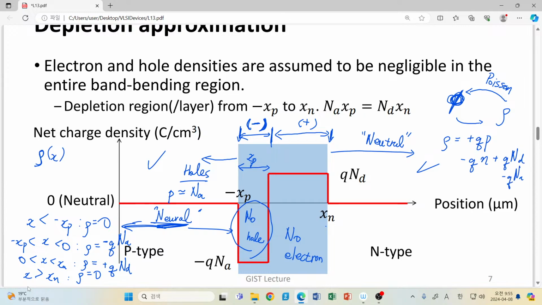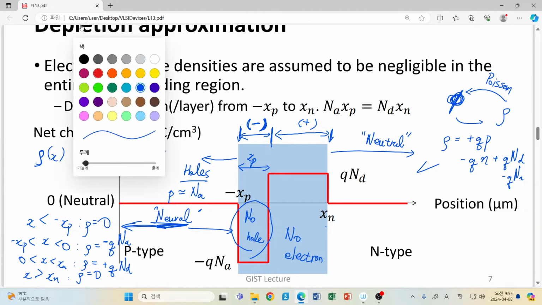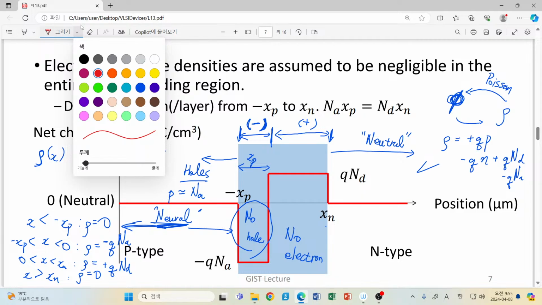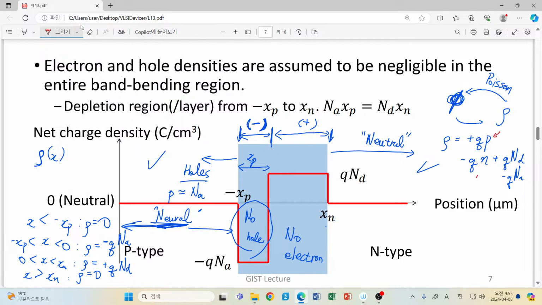And please remember once again, your hole density and electron density can be written as a function of electrostatic potential by adopting the intrinsic carrier density times exponential of phi over kBT over q.